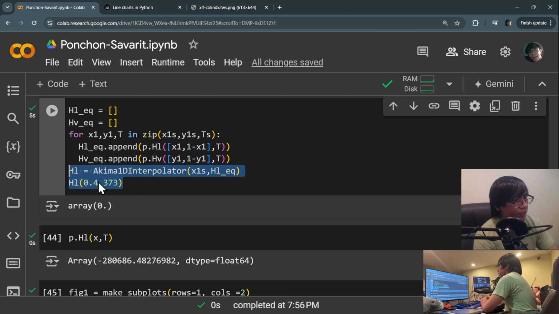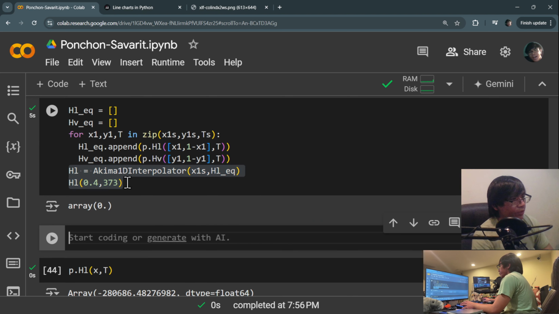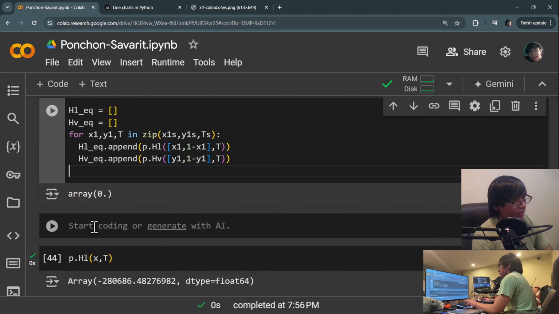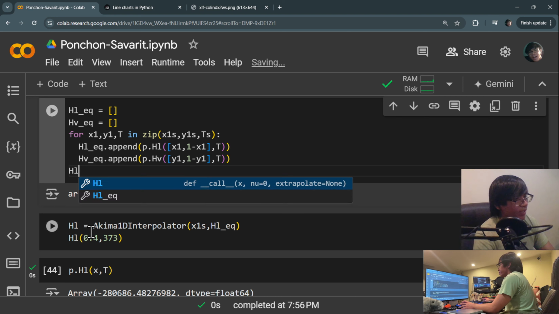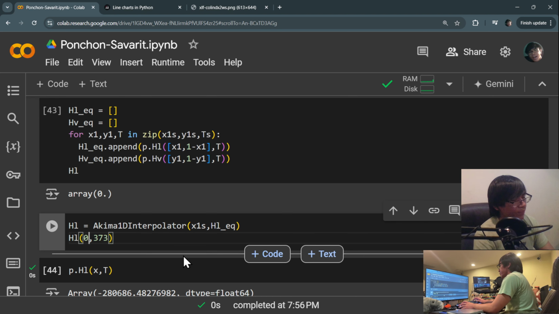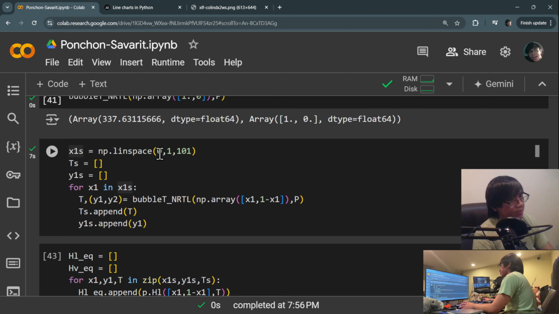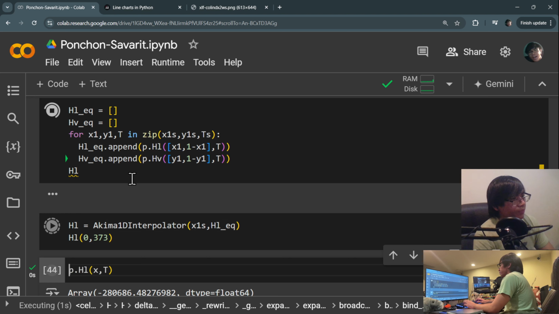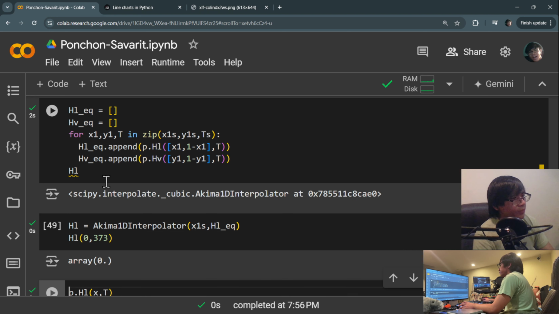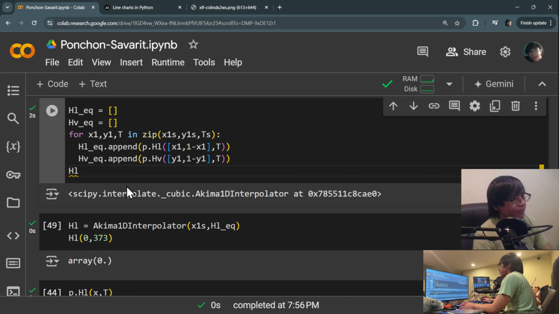Let me try something. Instead of comparing it to here, I will move it down and do what I did in my practice, where I compared it to looking at the heat of liquids, and then our first point was at 0, I think, right? 0. Okay, so yeah, let's try that. Oh, it won't let me look at it? What now?